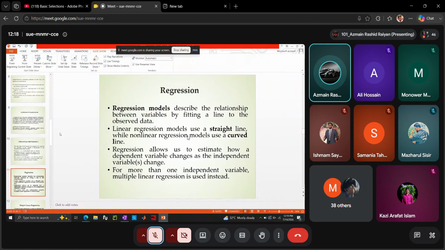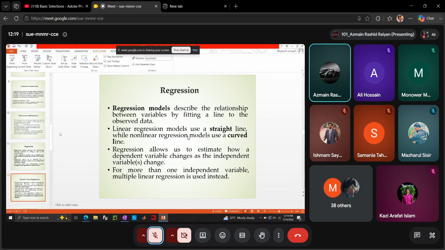You will eventually learn, even in your upcoming third or fourth year courses, how to do regression modeling using different software, let's say Minitab, MATLAB, or Python. You will learn how to make regression models for complicated relations which are not linear, but a lot more nonlinear or exponential in form. In this particular course, we will mostly focus on linear regression models.